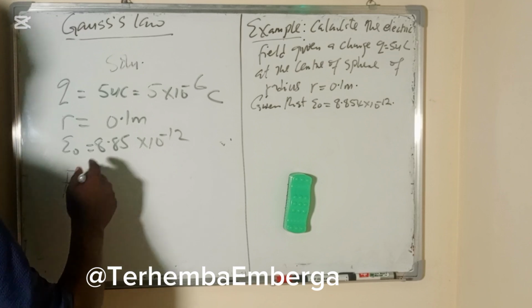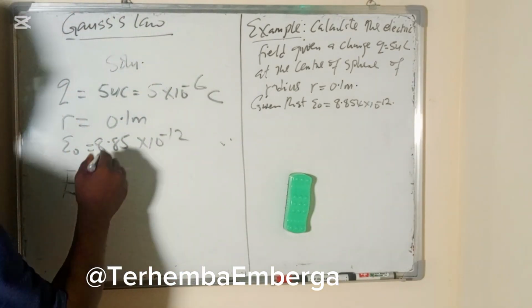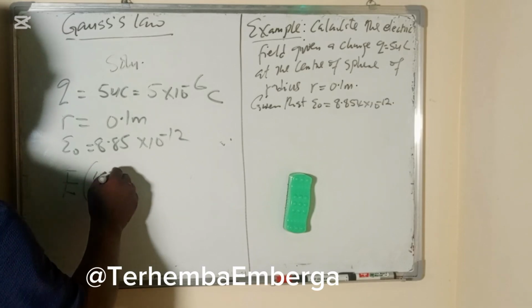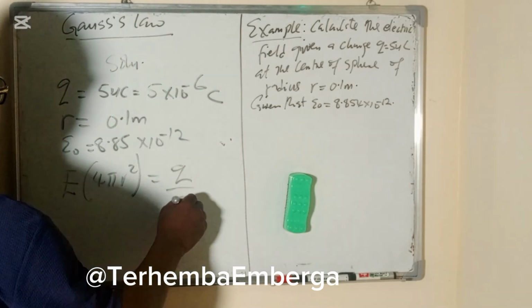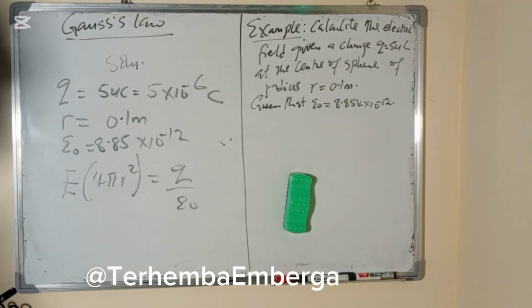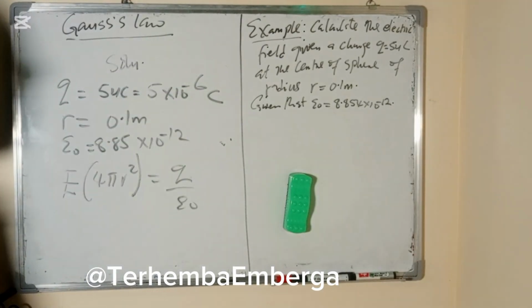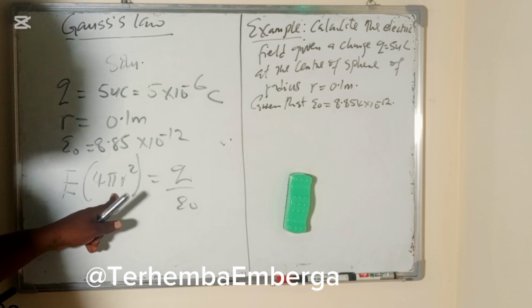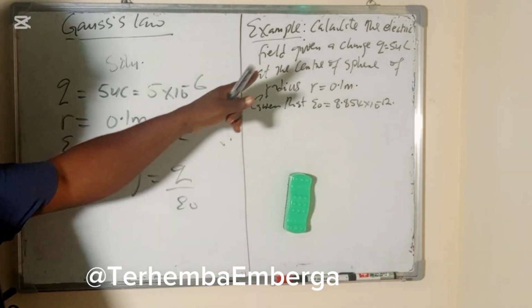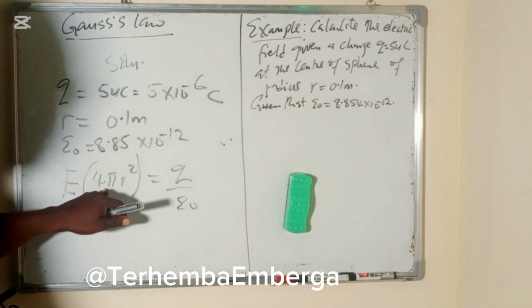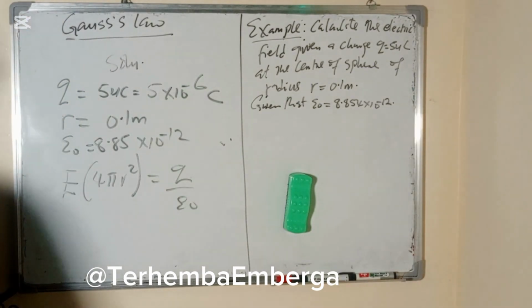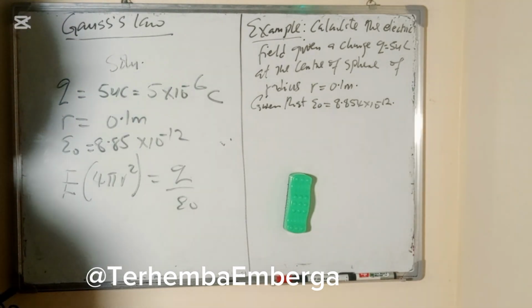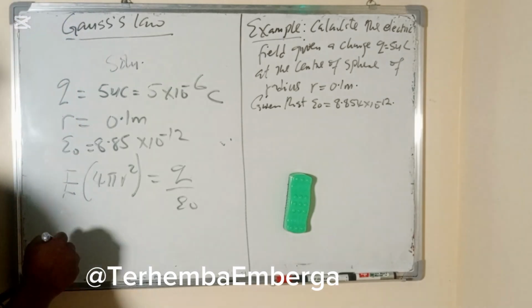So we now have a formula. In this case, we are talking about a sphere. That is E times 4 pi r square equal to Q all over E naught. The surface we're talking about in this case is a sphere, and the area of the sphere is 4 pi r square. So what we are calculating is the electric field.